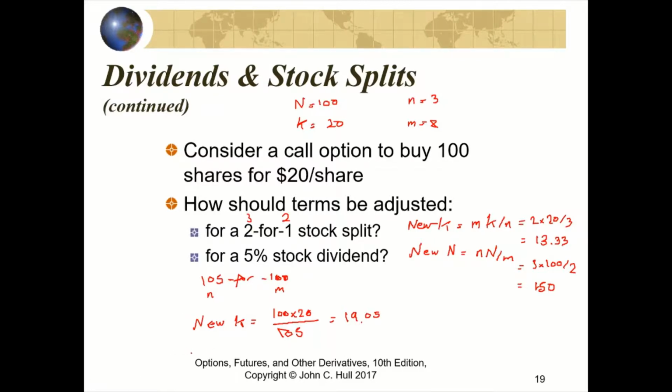The new N, the new number of options in the contract, is equal to 105 times 100 divided by 100, which will give us 105.